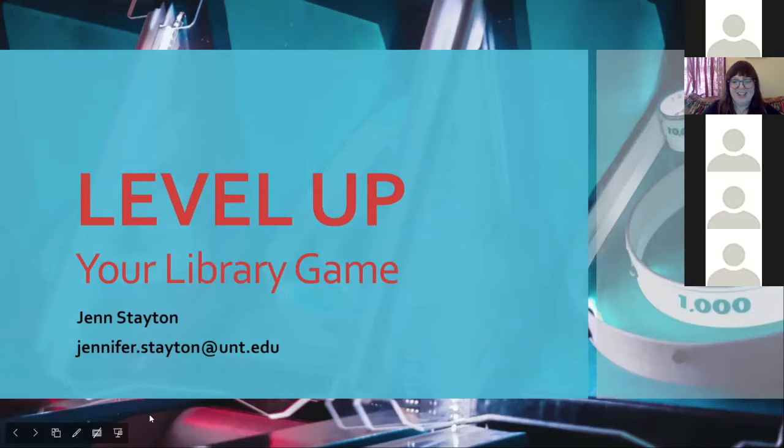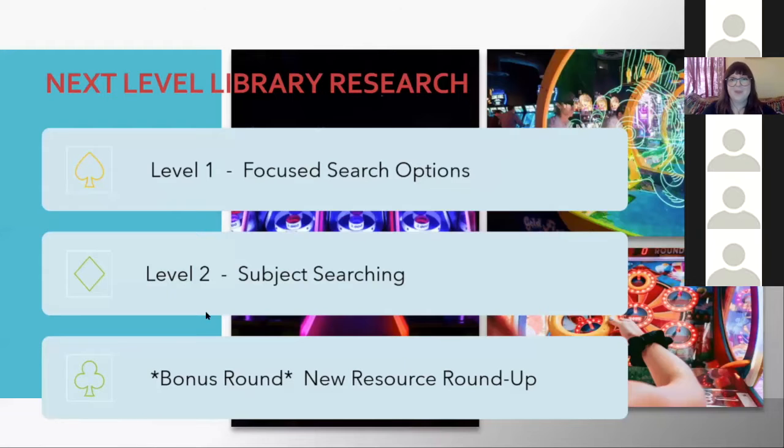So let's get started. I'm going to talk first about using some focus search options to really dig into some more of the advanced features and really help discover resources right now. As I mentioned, lots of things have been getting just kind of turned on, so not everything's fully cataloged.